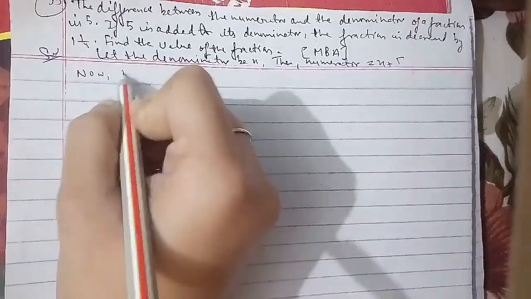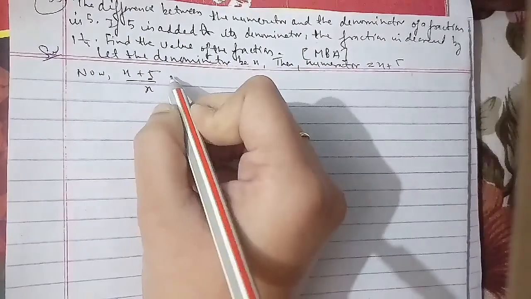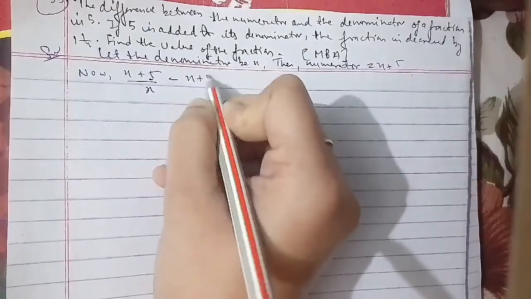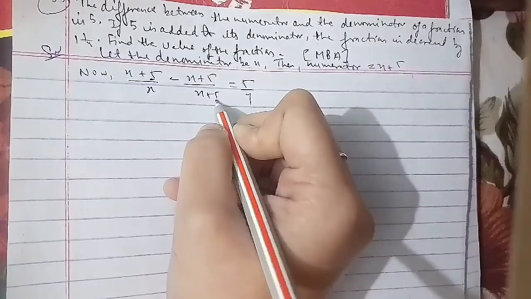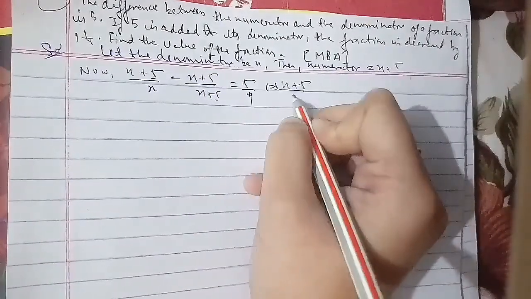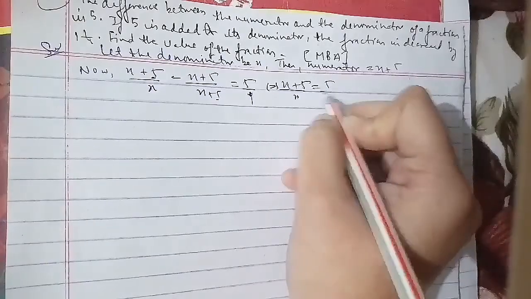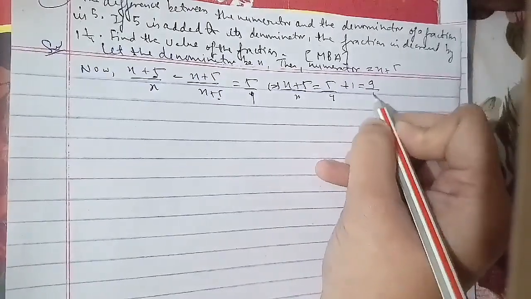X plus 5 upon x equals 5 upon 4 plus 1 equals 9 upon 4, and that is equals 2 1 by 4. So the fraction is 2 1 by 4. That will be the right answer for the question as well.